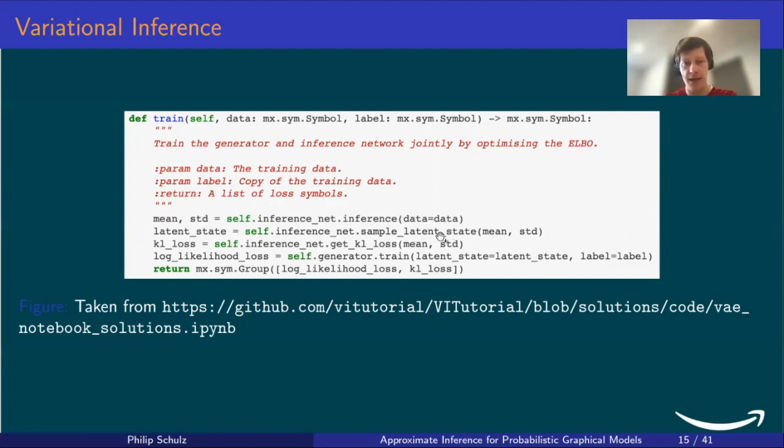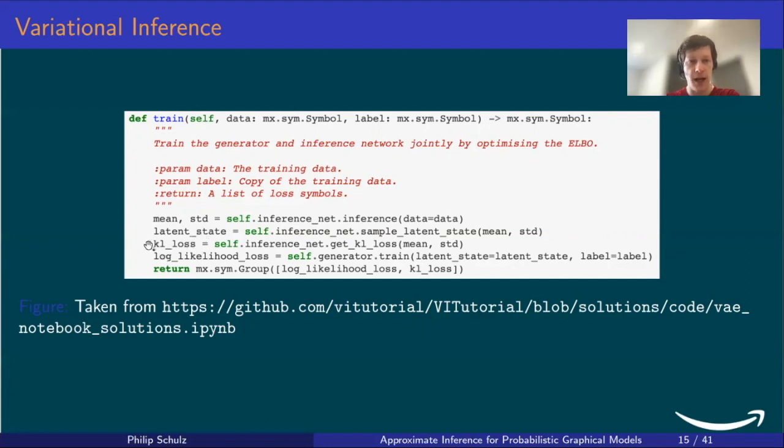We're also going to have some sampling method that takes the mean and standard deviation as input and gives us a latent state. That is basically where we generate from a standard normal distribution, apply our transformation, and then we get our latent state, which would correspond to Z in the graph, right? So the latent state is the same as Z.